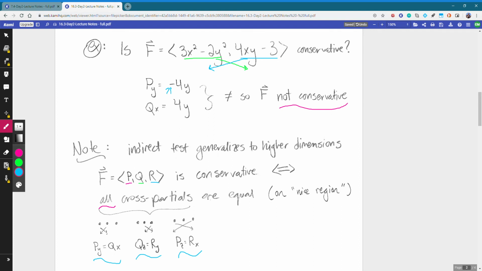And so we have the same check of just checking all of our cross partials, making sure that they're equal, to see if a vector field on 3 space is conservative. Right? If any one of those broke and was not matching, we'd be able to say that our vector field is not conservative, that it's not a gradient field.